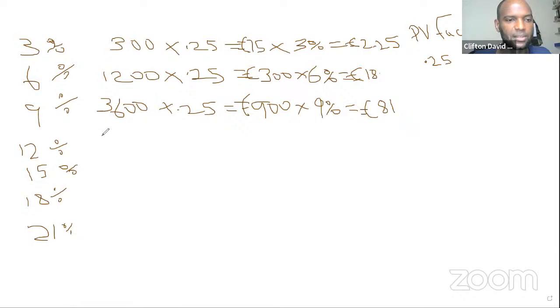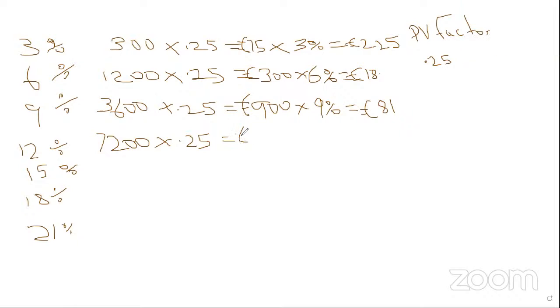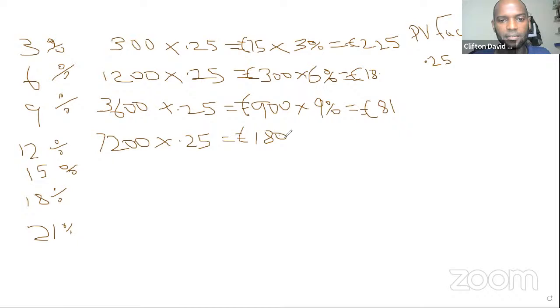And we go to 12% now. You need 7,200 points to get to 12%. And you multiply that by 0.25. How much is that going to be? 1,800. That is 1,800 euros. And now we want 12% of 1,800 euros.